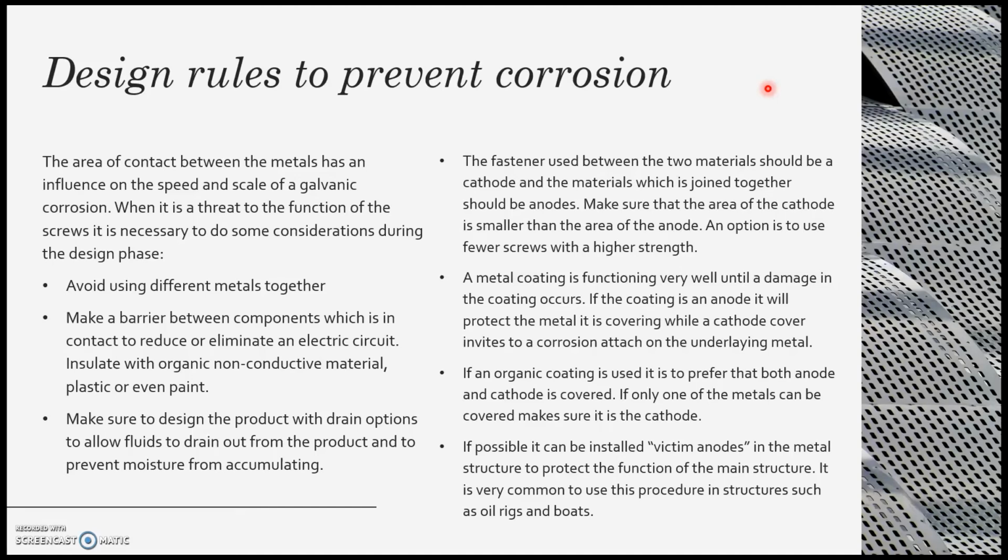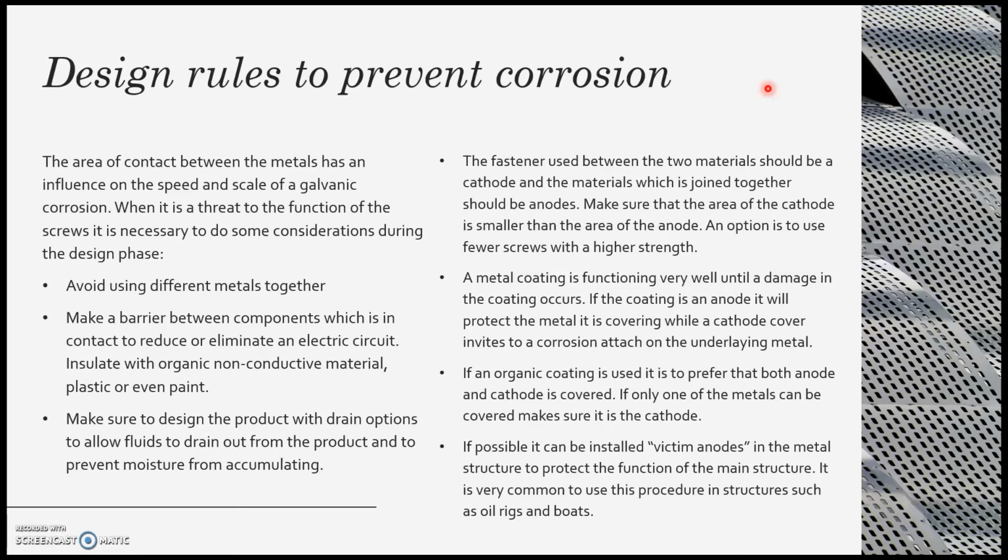Because it is very risky if the screw, which is the smallest piece, should rust and the function of the screw will disappear. And you should make sure that the area of the cathode is smaller than the area of the anode. An option is to use fewer screws with a higher strength.